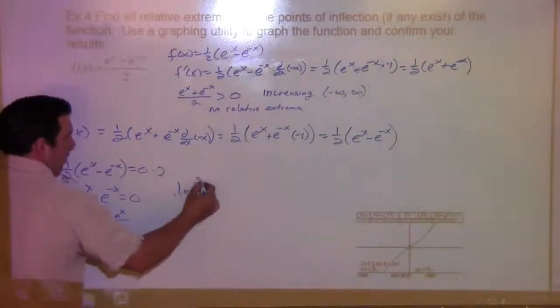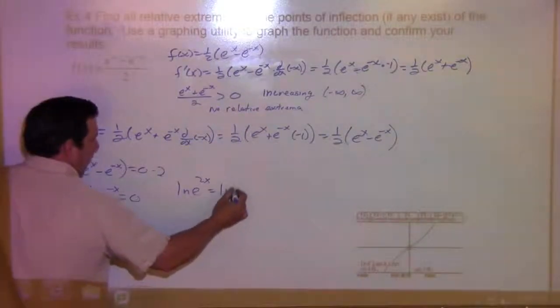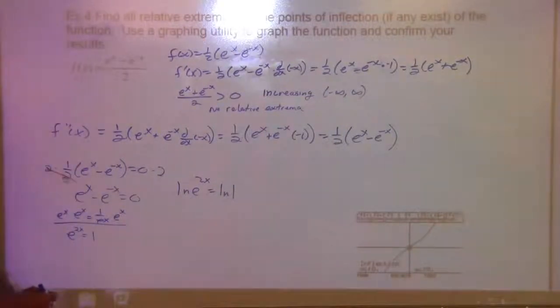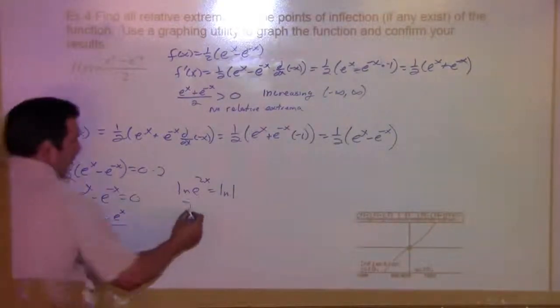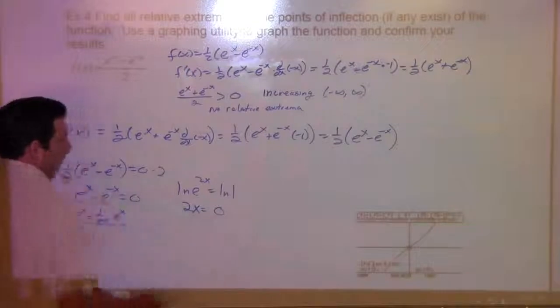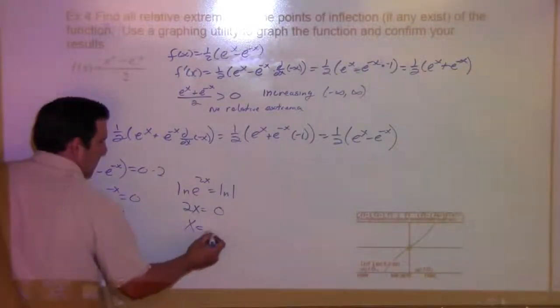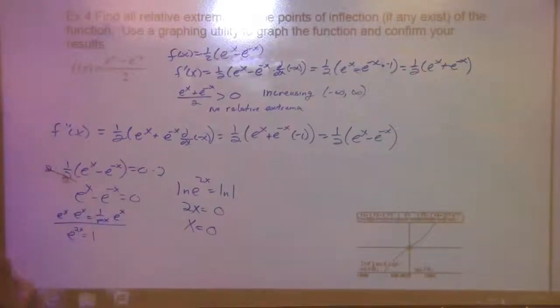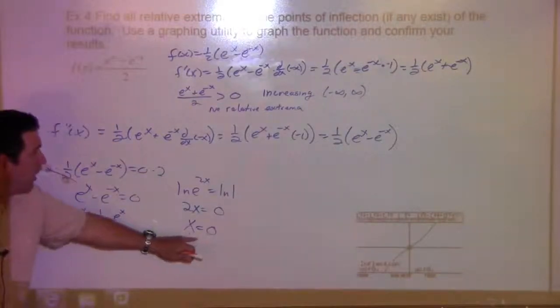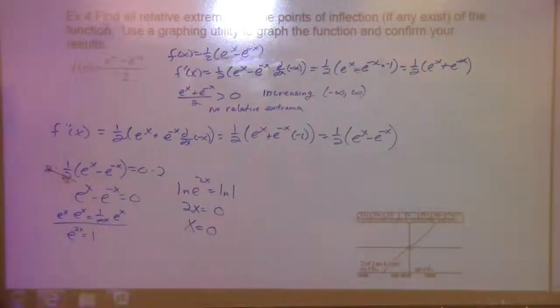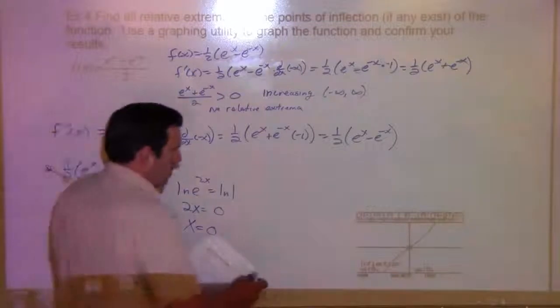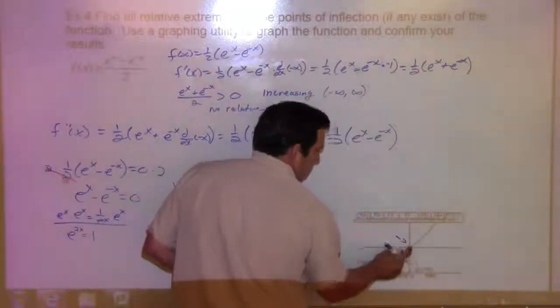Natural log of e to the 2x equals natural log of 1. So 2x equals 0. x must be 0. The only place that we are finding any inflection point possibility is at 0. We see that here.